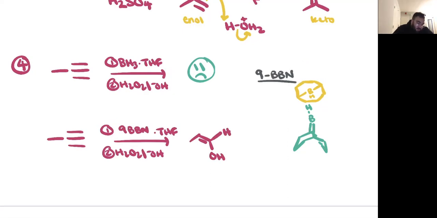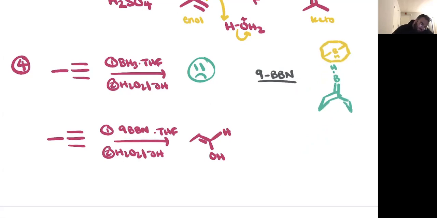That enol will tautomerize into the keto form, which in this case is an aldehyde.